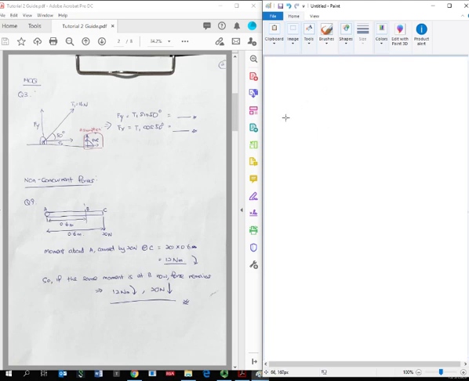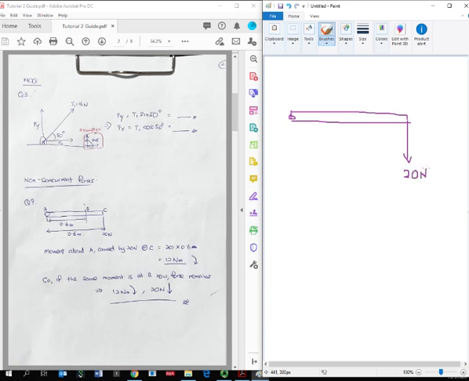If you take the moment about A, I have a moment coming down from here, which is from 20 Newton.